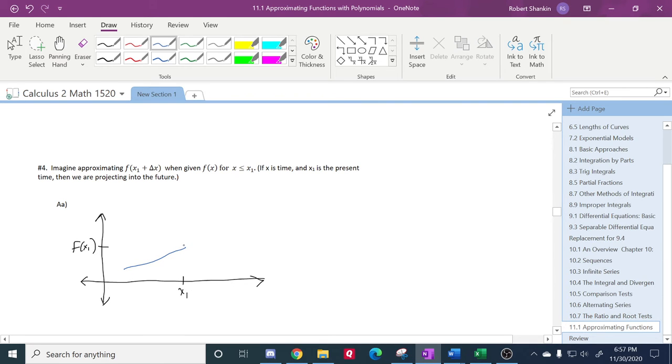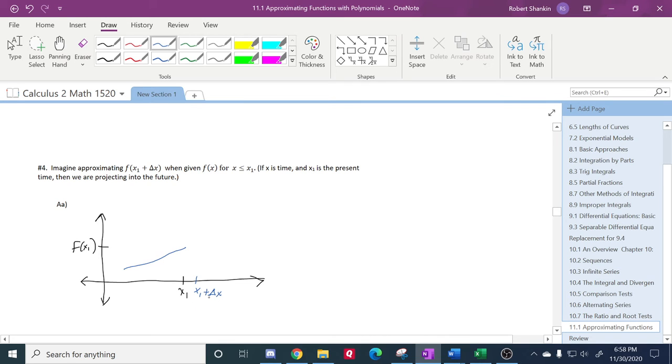It's my attempt at a straight line. Alright, so we have a straight line of data coming up to the present time, and we want to project out into the future. So we might say we want to project out to here, x1 plus delta x.